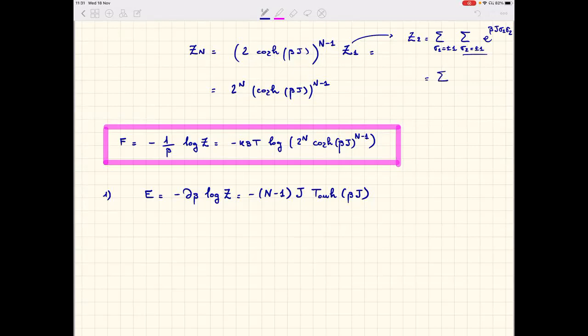So this is the sum over sigma 1 equal to plus and minus 1, and the summation over sigma 2 gives me 2 cosh(beta J), times Z1. But Z1 is the sum over sigma 1 equal to plus and minus 1 of 1. And therefore, this is equal to just 2, right? So you see how it works?